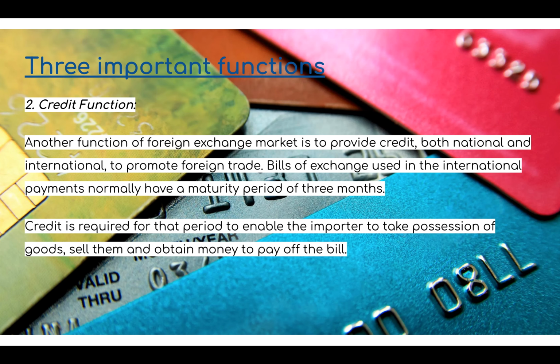The second function is the credit function, and that is to provide credit, both national and international, to promote foreign trade. Bills of exchange used in international payments normally have a maturity period of 3 months. Credit is required for that period to enable the importer to take possession of goods, sell them, and obtain money to pay off the bill.